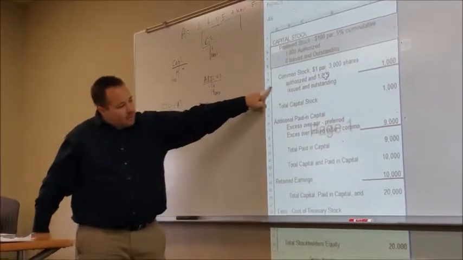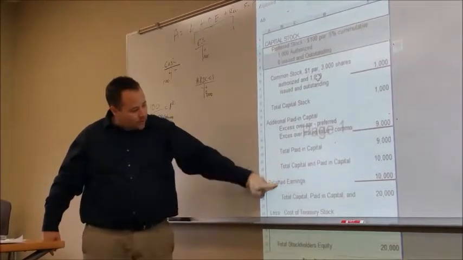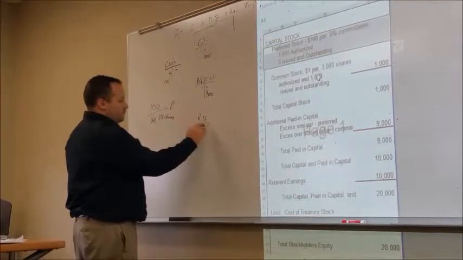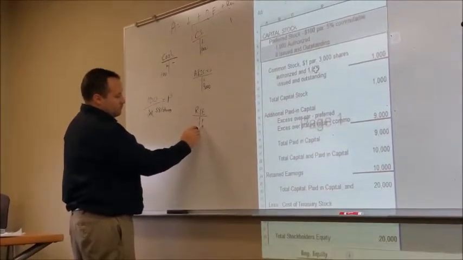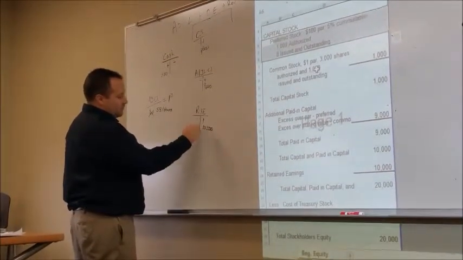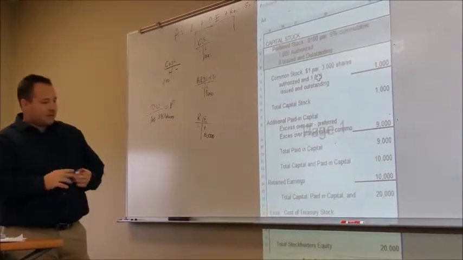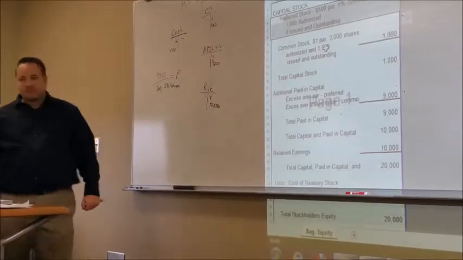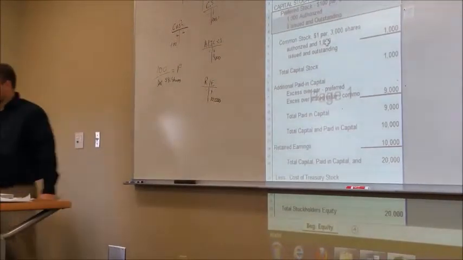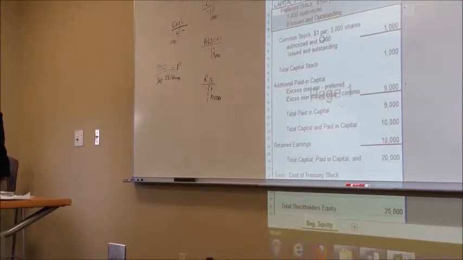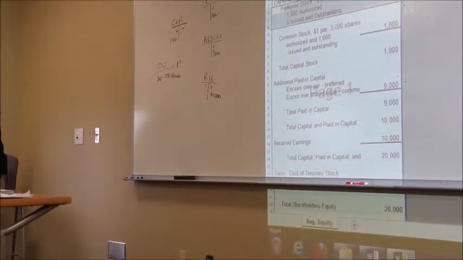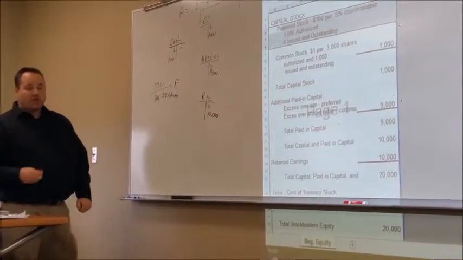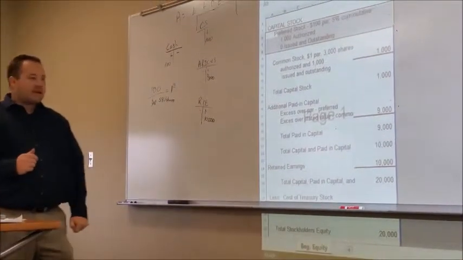My next item, this is just a total category, retained earnings. I started the year with $10,000 in retained earnings. So I have all the figures I need now to start doing this year's transactions.